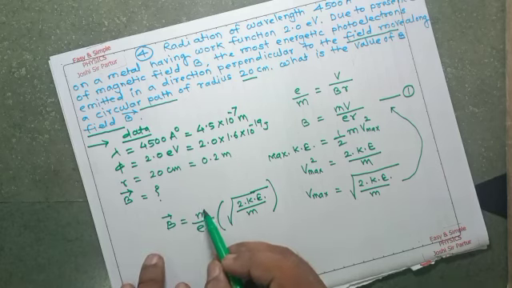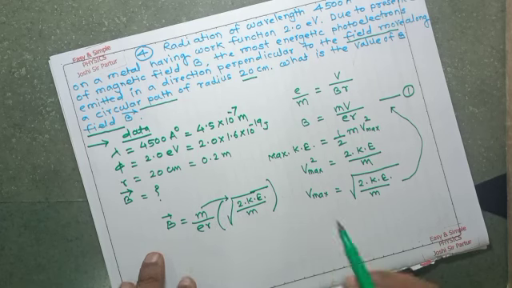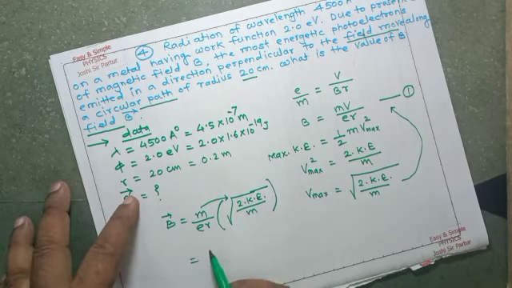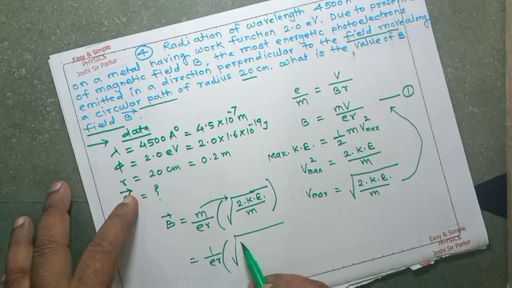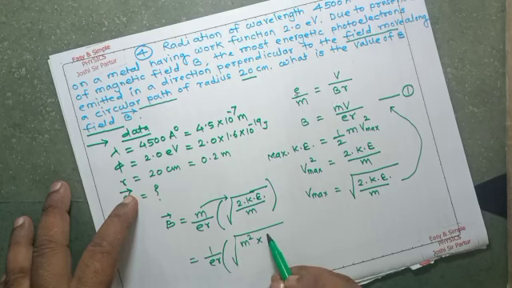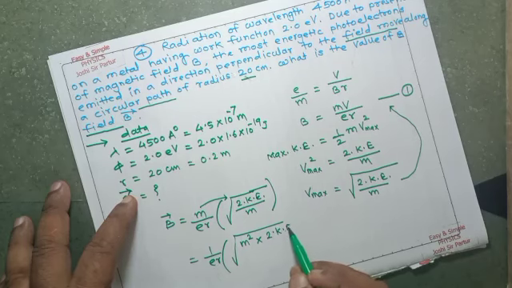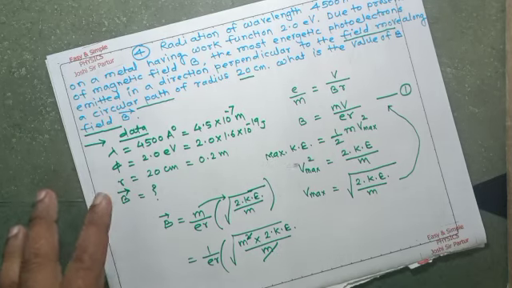If we take m in the numerator inside the square root, what happens? We get 1 upon eR times the square root of m squared multiplied by 2 times kinetic energy divided by m. So m gets cancelled.